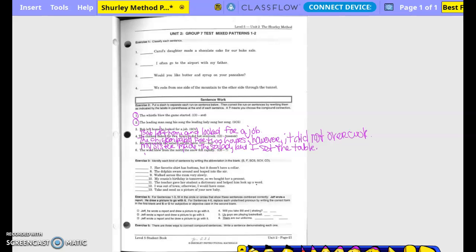So the wind blew from the north, comma, and the snow fell rapidly.